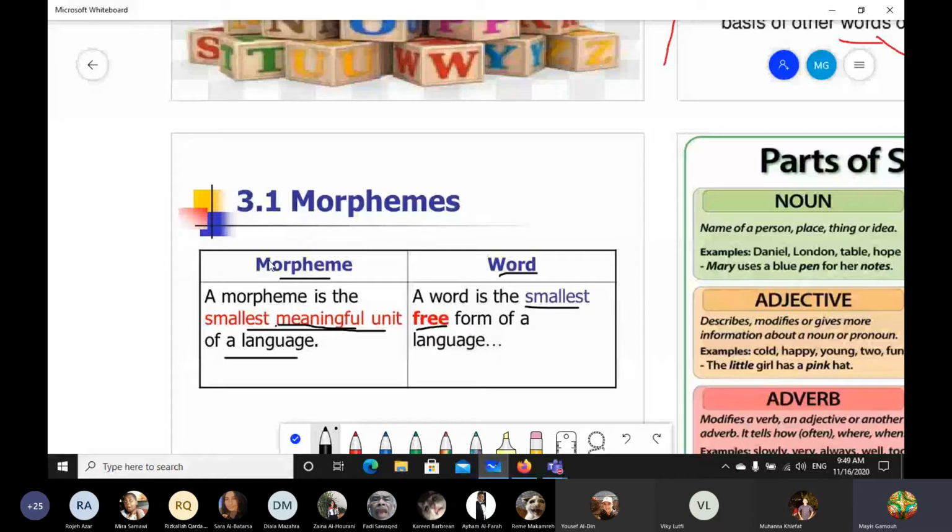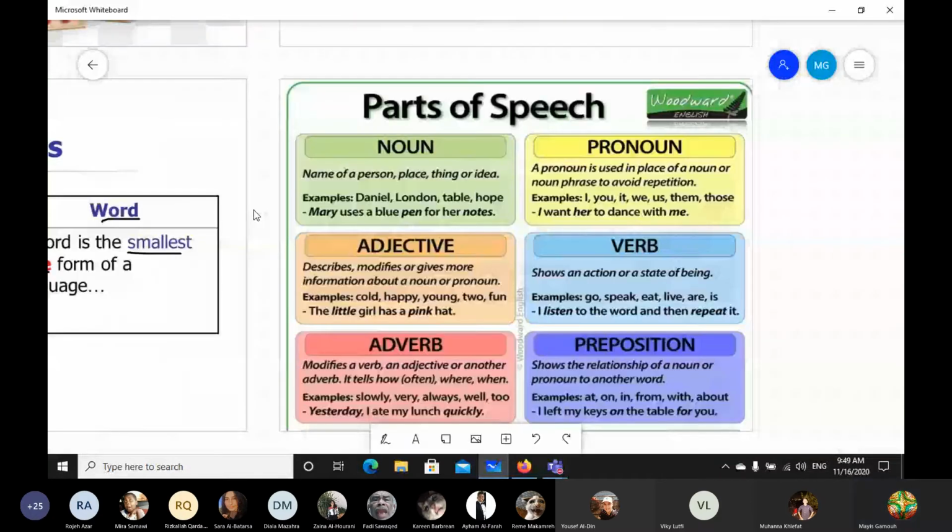Now we explained the parts of speech before, but let's go over them one more time in order to help you know how you have to derive these parts of words regarding your sentences or exercises.